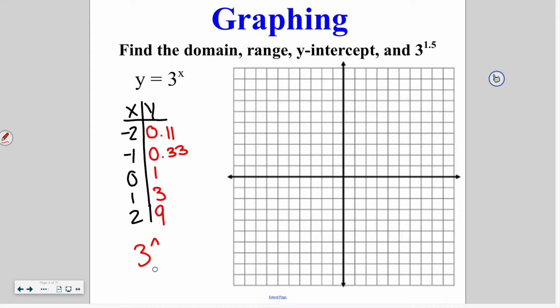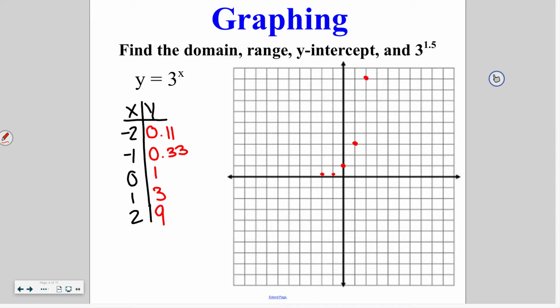So again, when you type that into the calculator, you are using that caret button, which is the 5th button up on the left if you are using the calculators that we have at school. We're going to go ahead and put this on the graph now. So I've got negative 2 at 0.11, negative 1 at 0.33, 0, 1, 1, 3, and 2, 9.